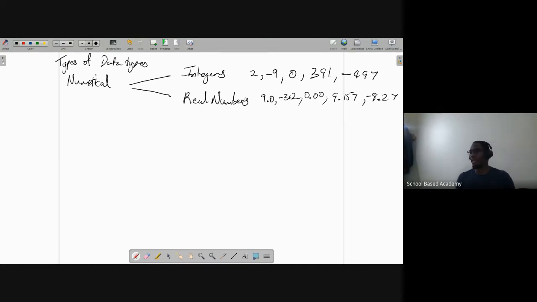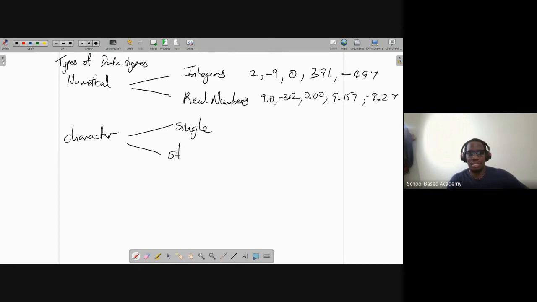Okay? All right. So other than numerical data, we have character data. Character data type. And you have single characters, and then you have strings. And single characters are normally represented in single quotes like A, B, 9.